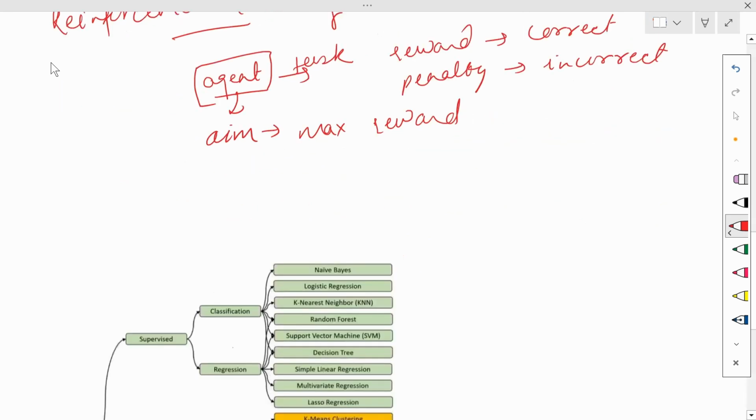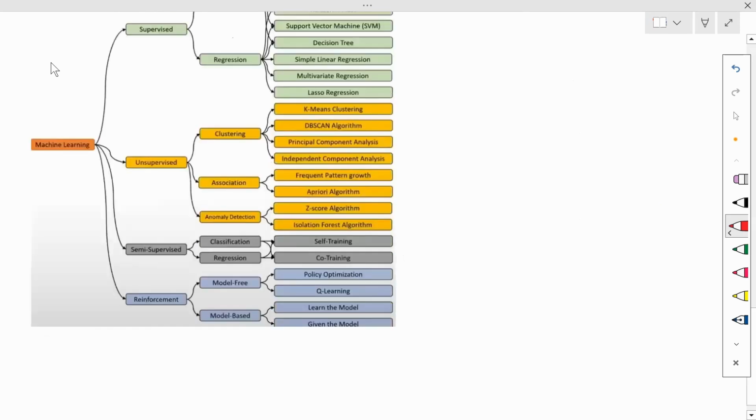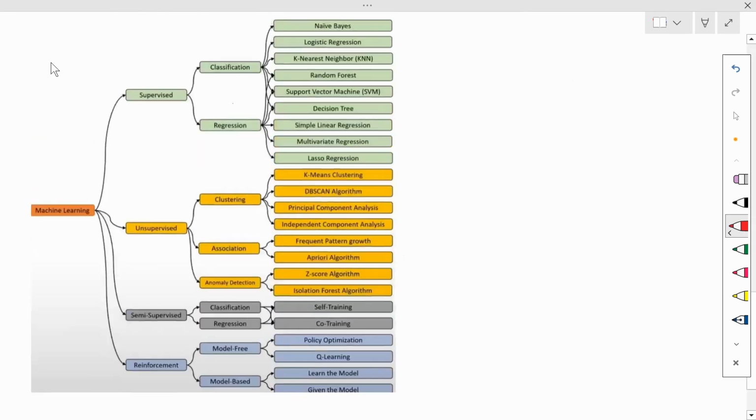If you look at this diagram, it summarizes all the categories of machine learning algorithms on the basis of the supervision required to train them. We have supervised, unsupervised, semi-supervised, and reinforcement. Under supervised, we have classification and regression, and these are the commonly used algorithms.